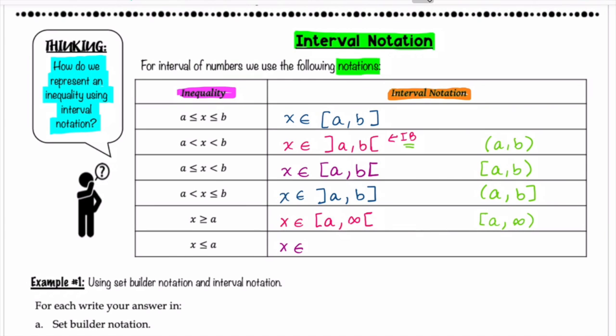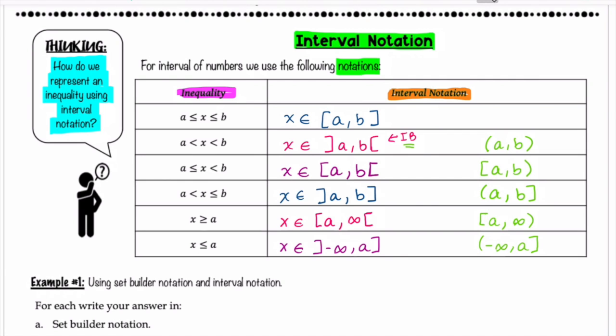This time we're dealing with going to the negative infinity side. So negative infinity not included, all the way to A, which is going to be our biggest value, and that A is included. And the way you have seen it in the past, there we go. So we have to get used to the bracket notation that IB uses here.